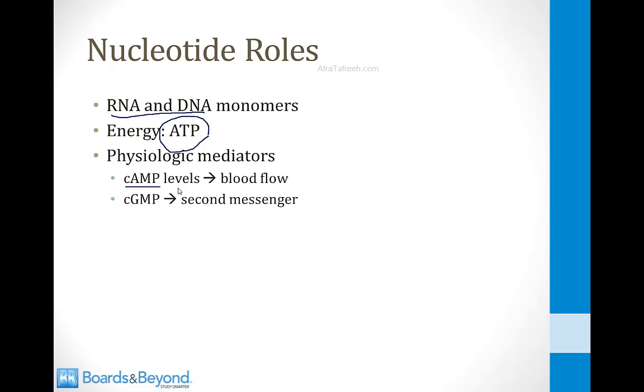The levels of cyclic AMP, you may know, lead to increases and decreases in blood flow, and cyclic AMP is cyclic adenosine monophosphate, and that is a nucleotide. Cyclic GMP also serves as a second messenger, and interestingly, it is usually the purines, adenosine and guanosine, that serve as second messengers. We don't often see second messenger systems of pyrimidines like cytosine and thymidine.